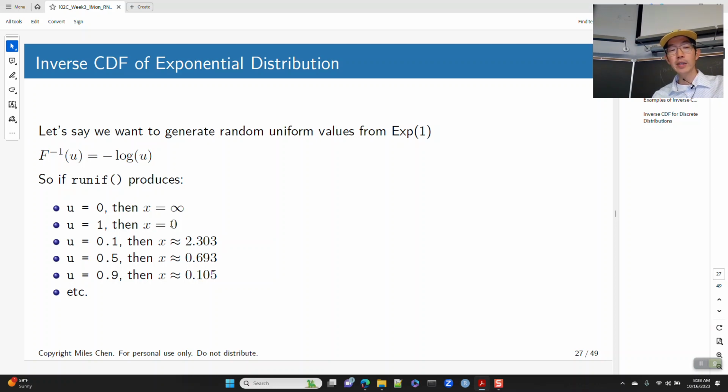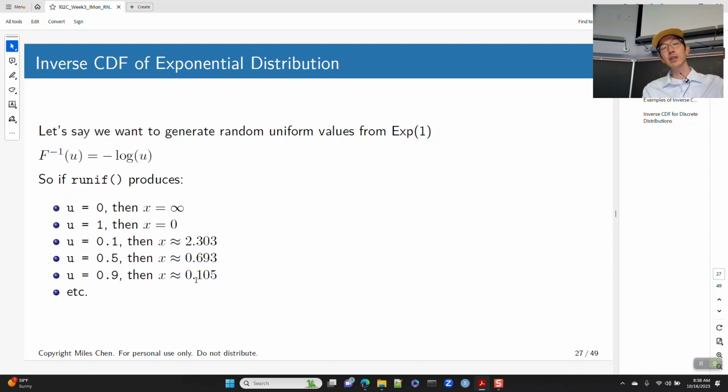What kind of values do we get in between? Plugging in 0.1 will generate 2.3. So going from 0 to 0.1 brings us all the way from infinity down to 2.3. But the gap from 0.1 to 0.5 brings us from 2.3 to 0.69. And going from 0.5 to 0.9 will bring us from 0.69 to 0.105, right?